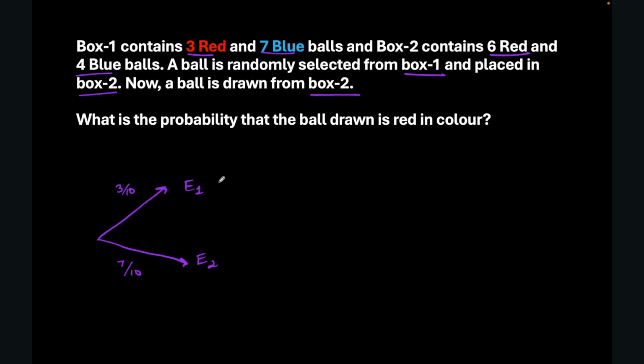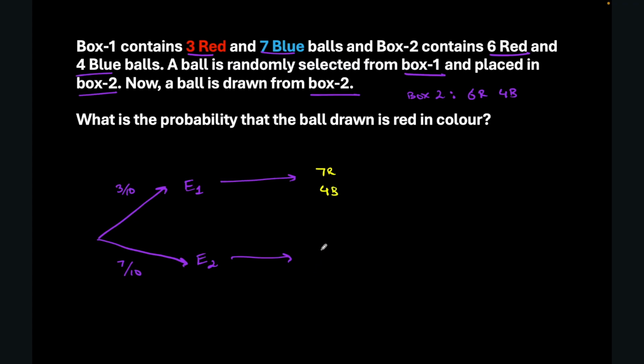Okay. Now we have to find out the possibilities, right? So in box 2, we have 6 red and 4 blue balls. Now, assuming that event 1 happens, we're going to be left with 7 red and 4 blue.